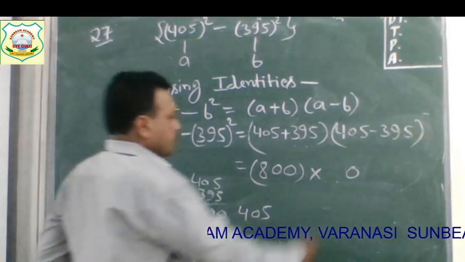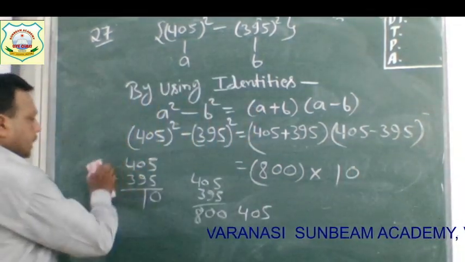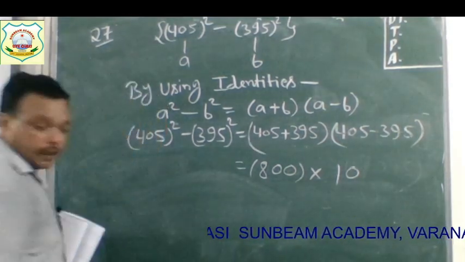Clear? So what answer will come? 800 times 10 is 8,000.